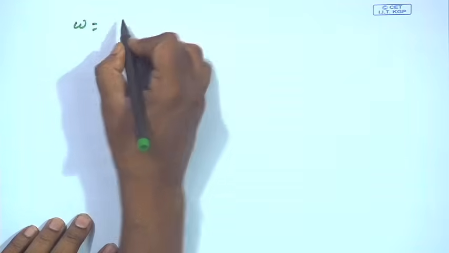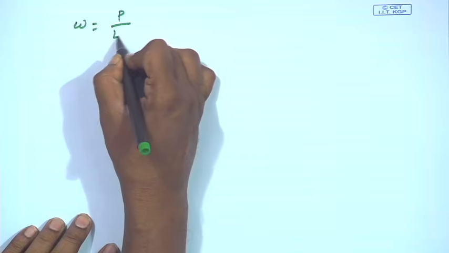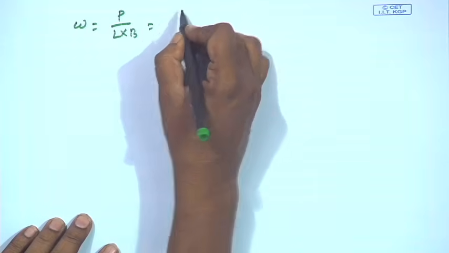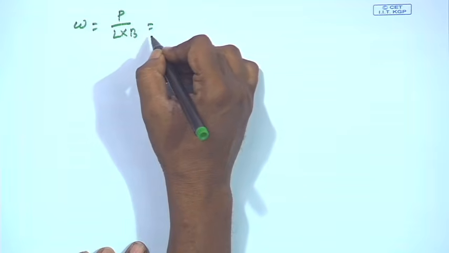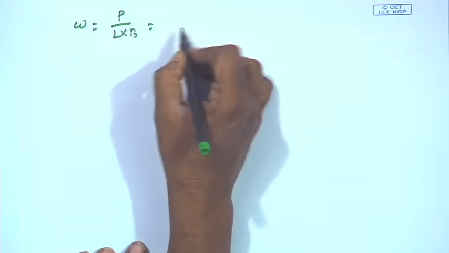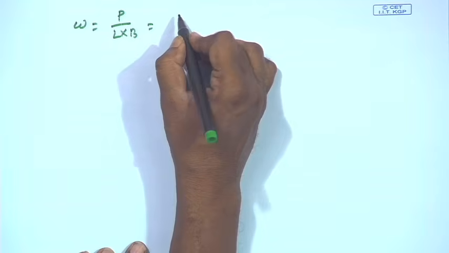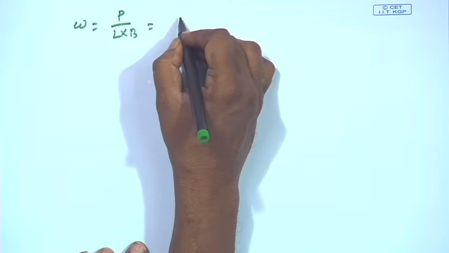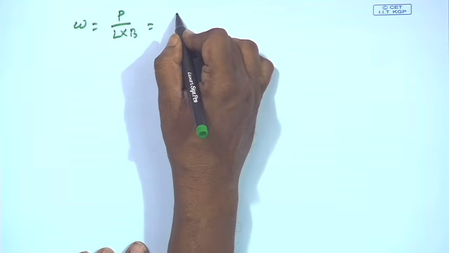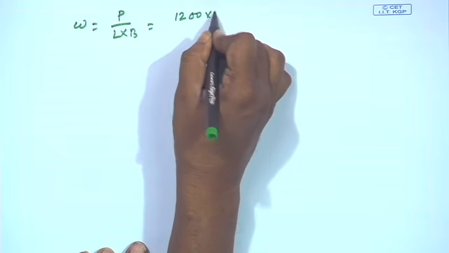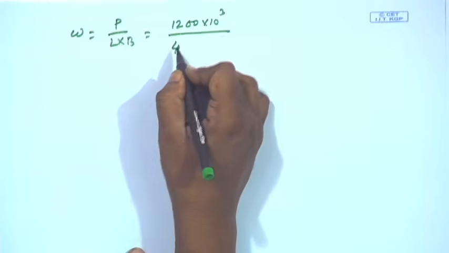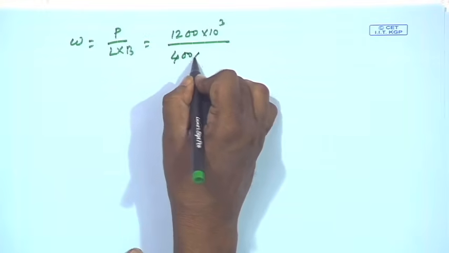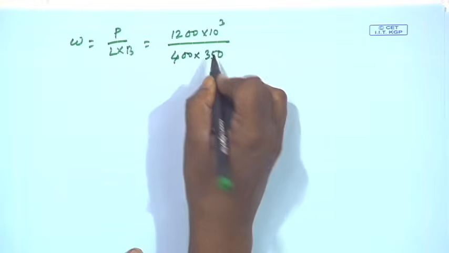Now, bearing pressure we can find out. So, bearing pressure will be load by area. Now we have provided the length and breadth of the base plate, which has been decided already. So, based on that we can find out the bearing pressure of concrete, that will be 1200 kilonewton load by area as 400 into 350.